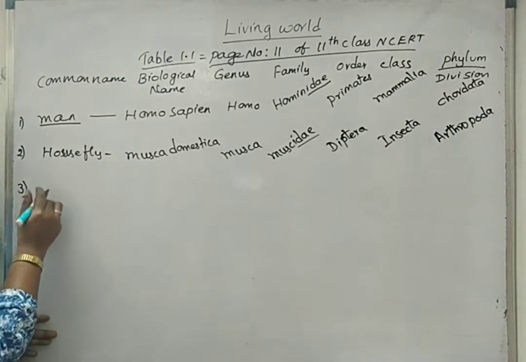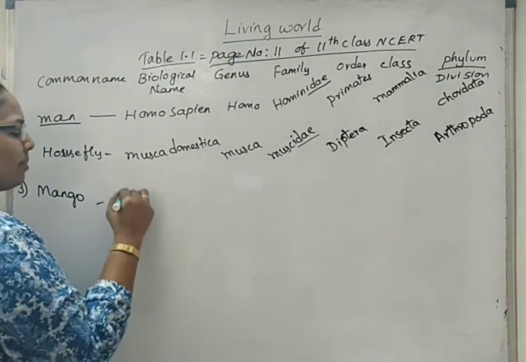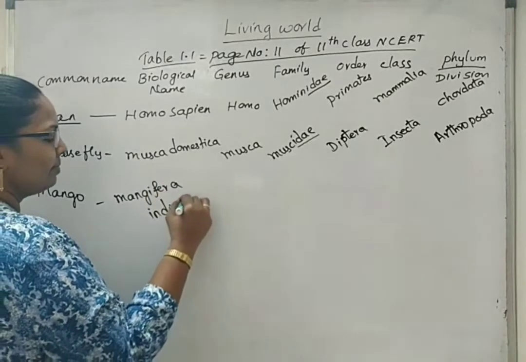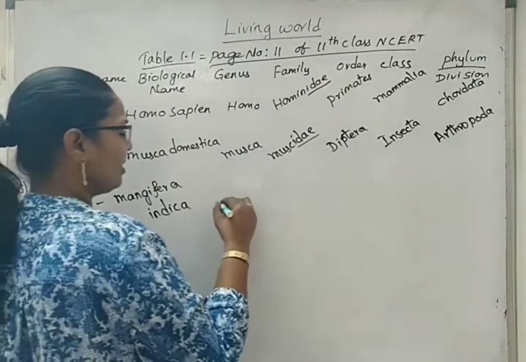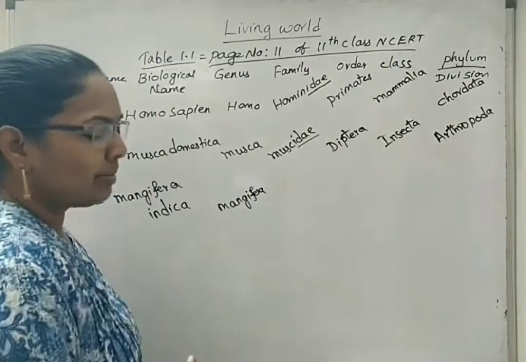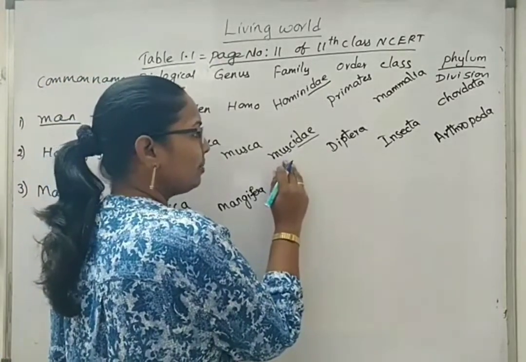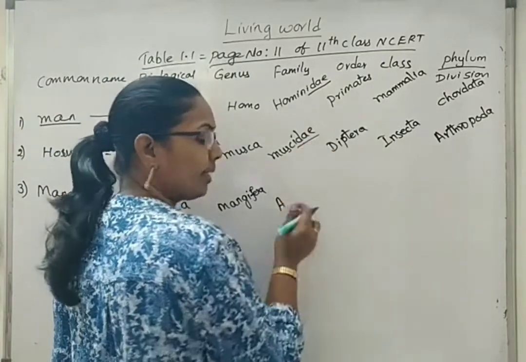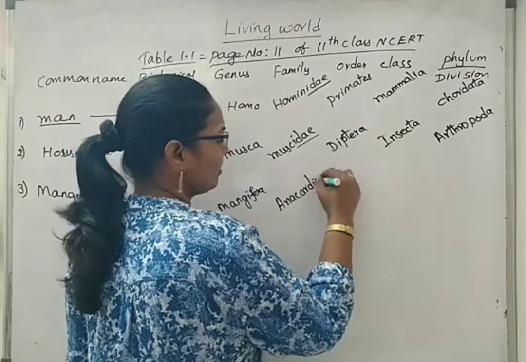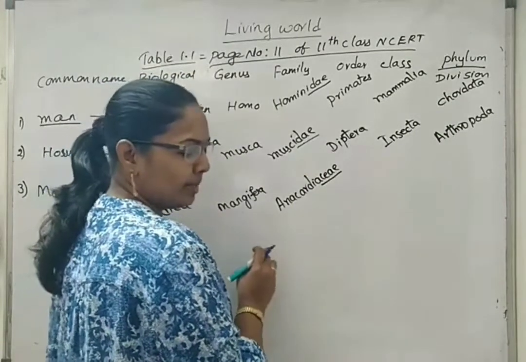The third example given is mango. Biological name is Mangifera indica. Genus name is Mangifera. Family name is Anacardiaceae. Under animals we have seen IDAE, but under plants it changes. AE, that is CEAE, is common for plant families.